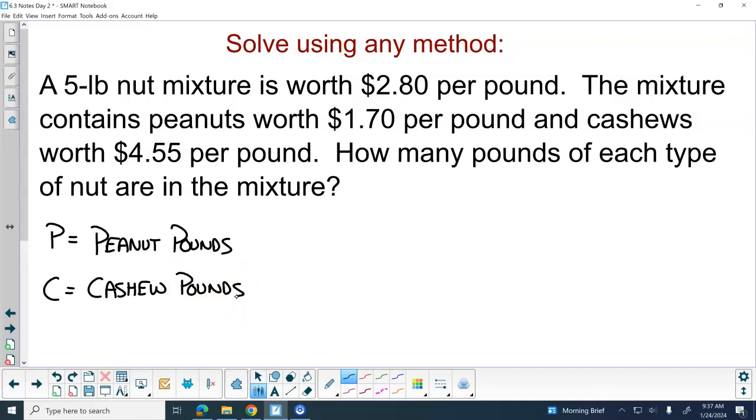We have two variables, which means we have to come up with two equations. 5 pounds, $2.80, how many pounds of peanuts, how many pounds of cashews. Give me an equation.